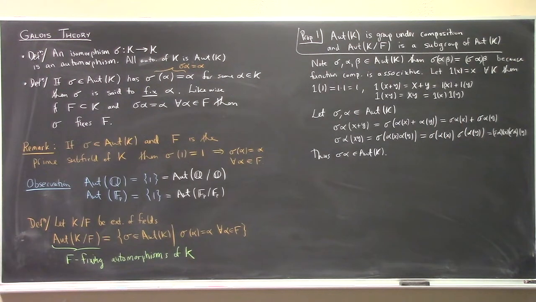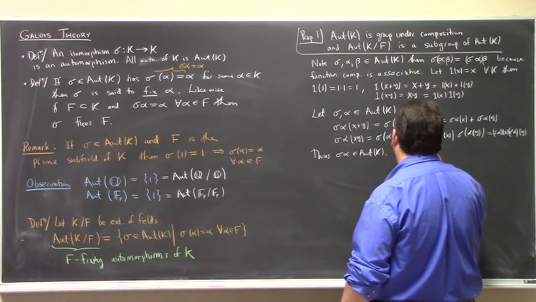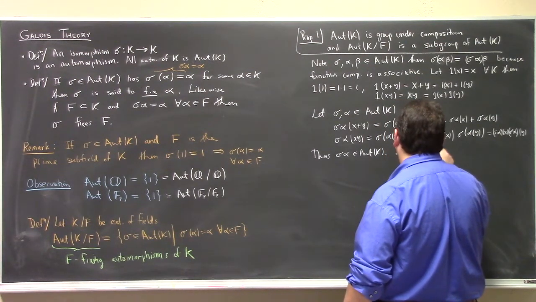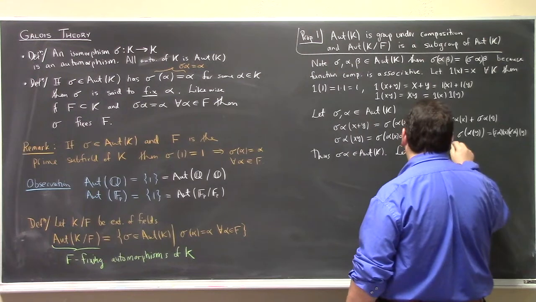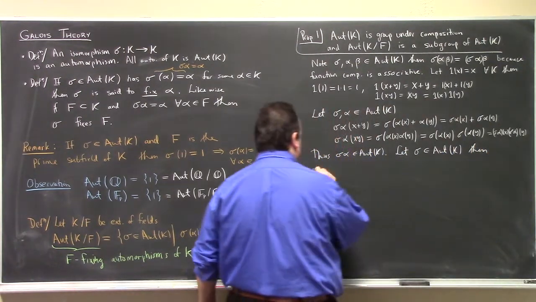And then, okay, so then what? We still need to prove it's closed under inverse. How do I know that the inverse of an automorphism is an automorphism? Isomorphisms have inverses that are bijections, don't they? Right, so let sigma be an automorphism of K, then sigma goes from K to K. What can we say about it?